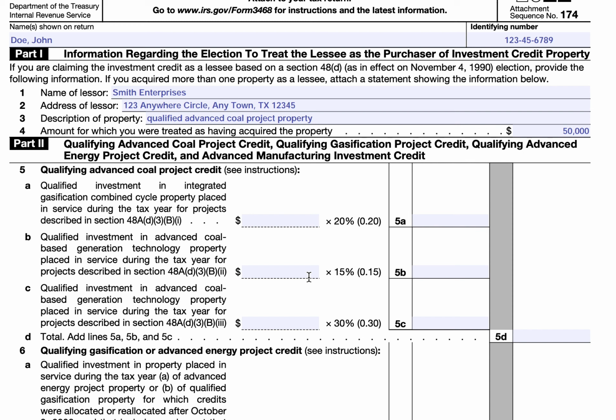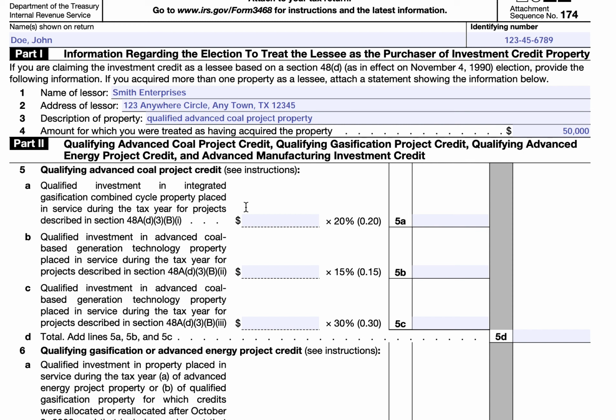So there are 3 different items here. Qualified investment in integrated gasification combined cycle property placed into service. That's subject to a 20% credit of your expenditures.